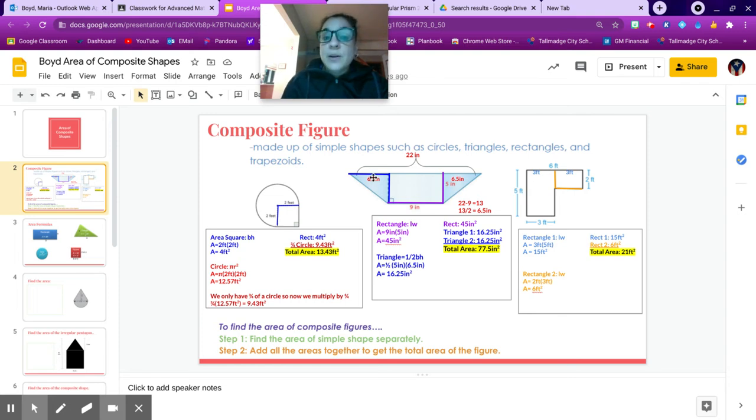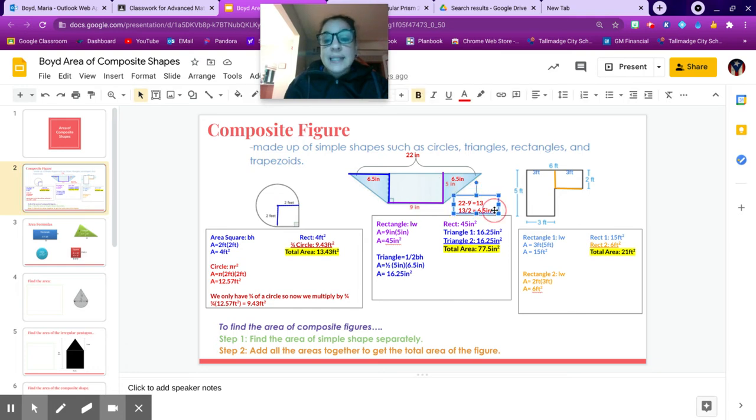The one in the middle I'm going to talk about next. This composite figure is made up of 2 triangles with 1 rectangle in the middle. The first thing I notice is that the entire length of the top of the figure is 22 inches. I know that the middle piece is a rectangle that is 9 inches long.